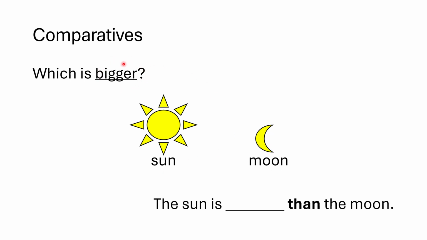Which is bigger? The sun is bigger than the moon. In this sentence, you can see the comparative adjective bigger and the word than.